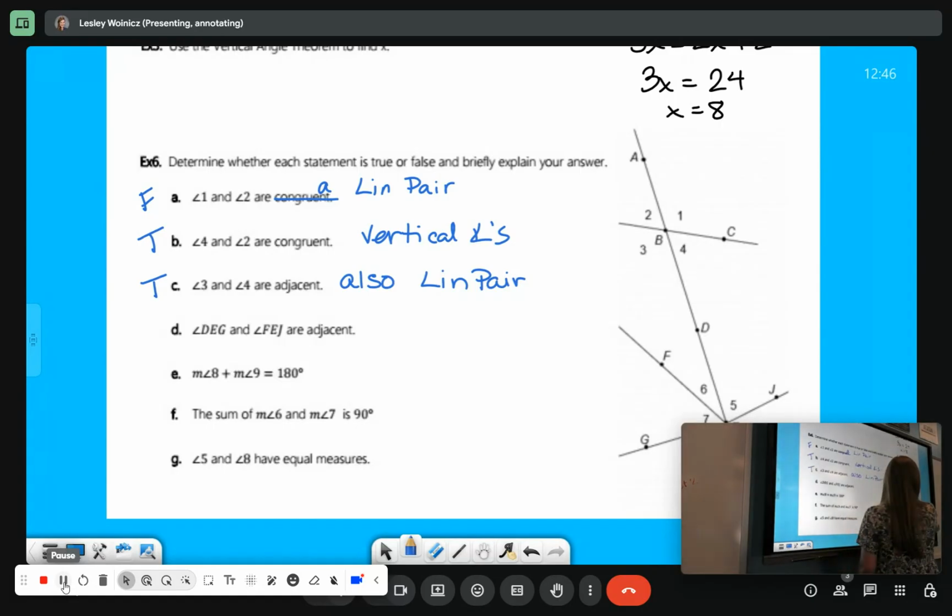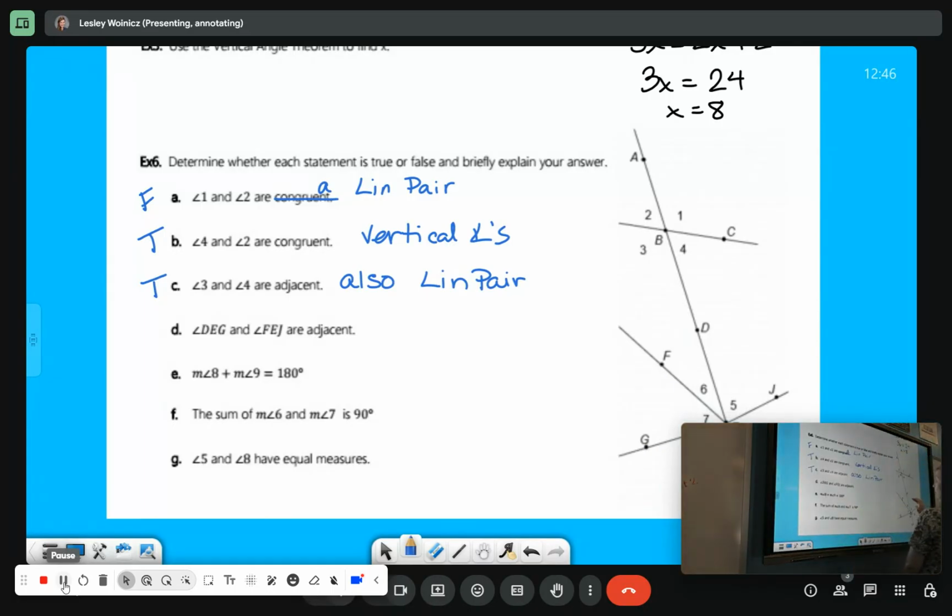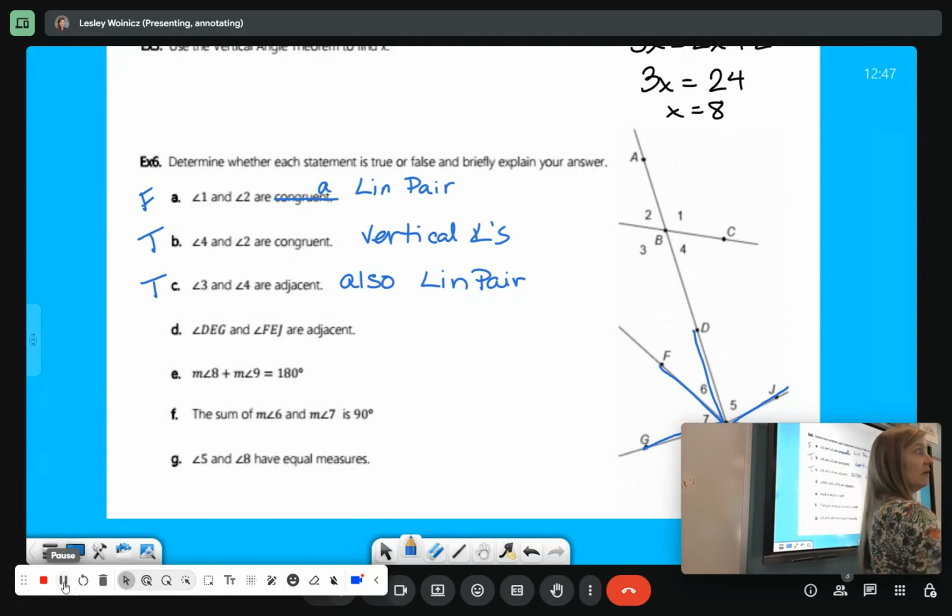Okay, so this is DEG and this is FEG. Are those adjacent? No. DEG and FEJ are not adjacent. They're right next to each other, but it doesn't create a linear pair.